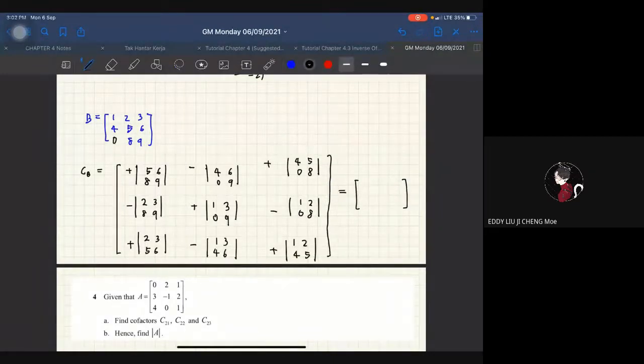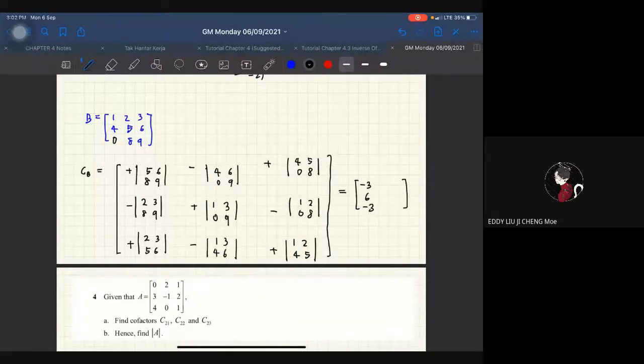The first one is -3, 3, 6. To the right or to ke bawah? To ke bawah. Okay, so -3 and then 6. Ke bawah. And then -3, -3.